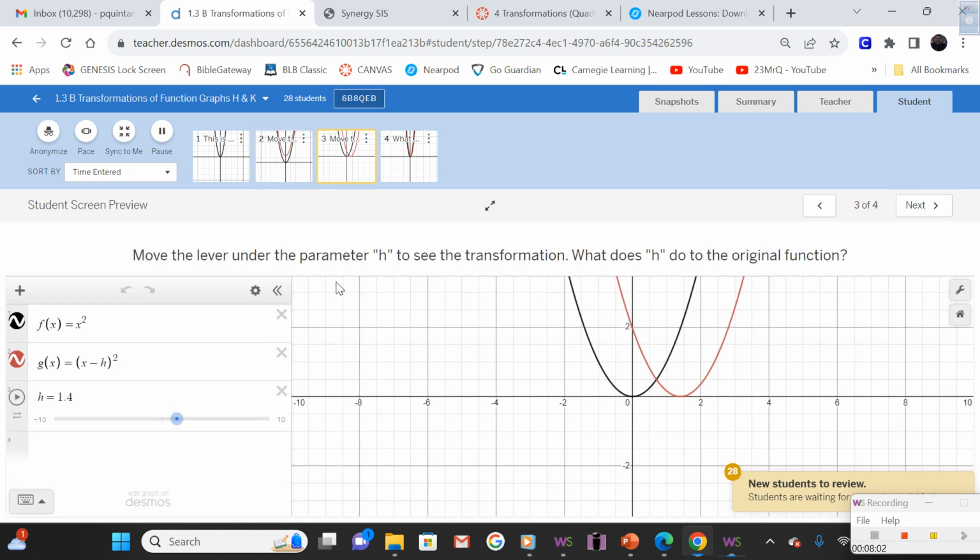Then it says, move the lever under the parameter h to see the transformation. What does h do to the original function? Again, observe what happens to the values of h as they change. Tell your neighbor exactly what you saw, please, just to make sure they got it.